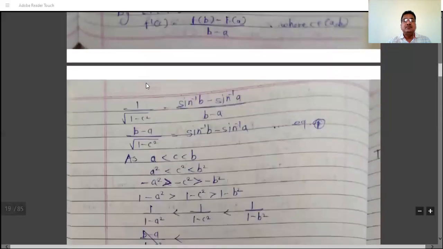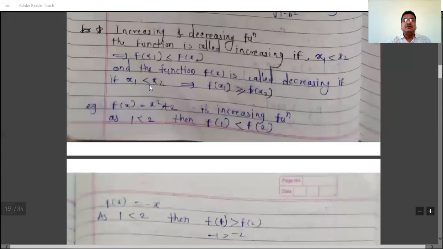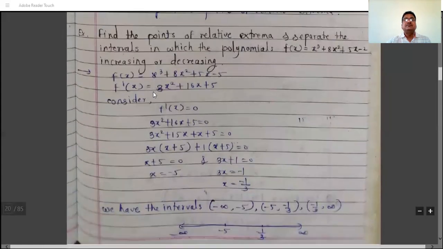So these are some more examples. We'll see the proof of these examples.